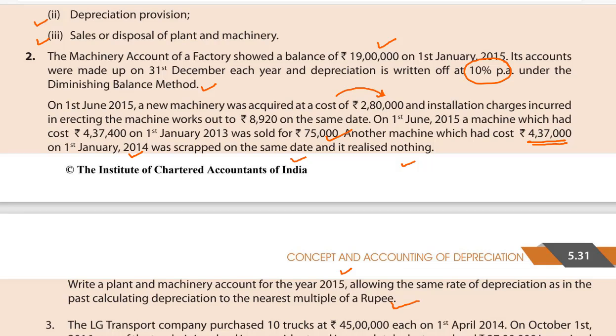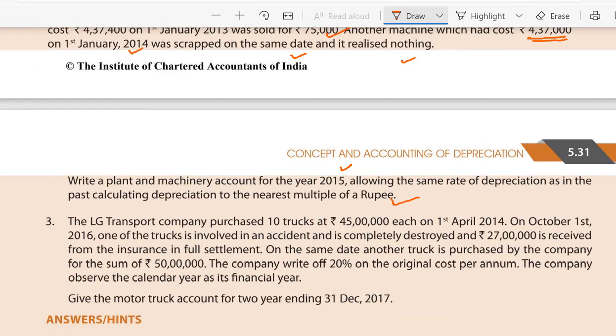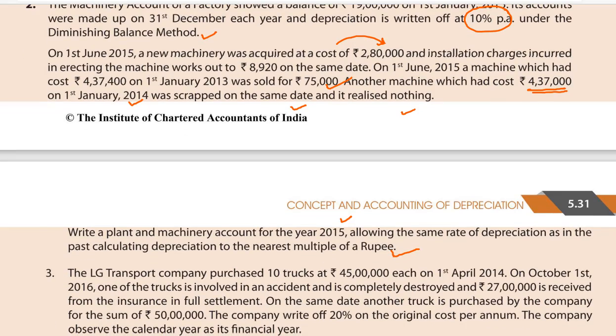A machine which had cost 4,37,400 on 1st January 2013 was sold for 75,000. Another machine which had cost 4,37,000 on 1st January 2014 was scrapped on the same date and realized nothing. We have to make plant and machinery account.